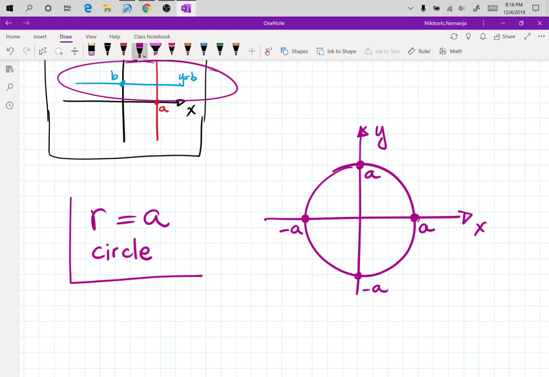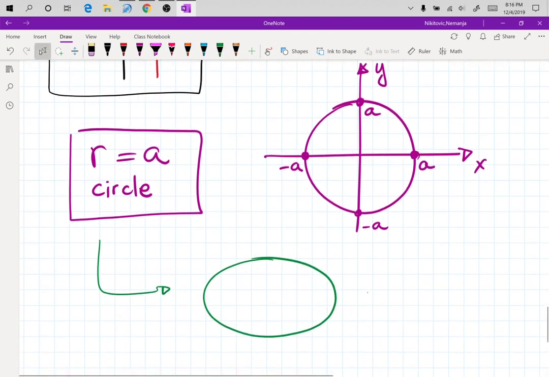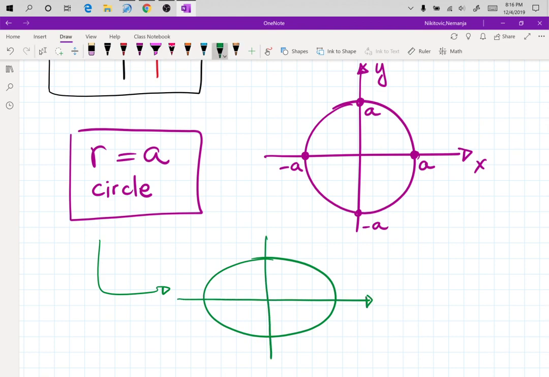So r equals a is going to give you a circle. Now, as an alternative aside, let's go green a little bit, is going to be an ellipse, because that's actually the general shape here. And that one is going to have a and b.